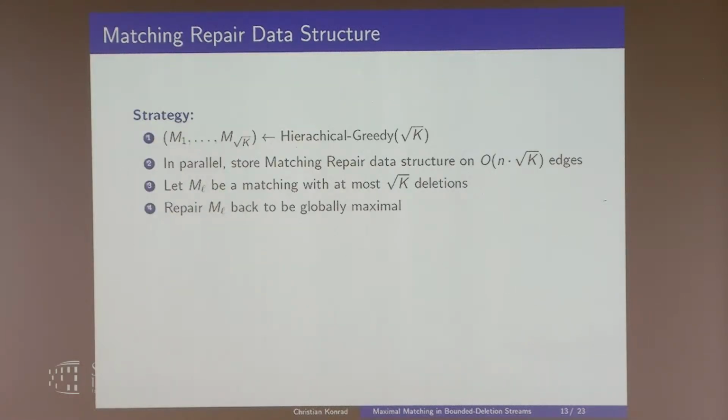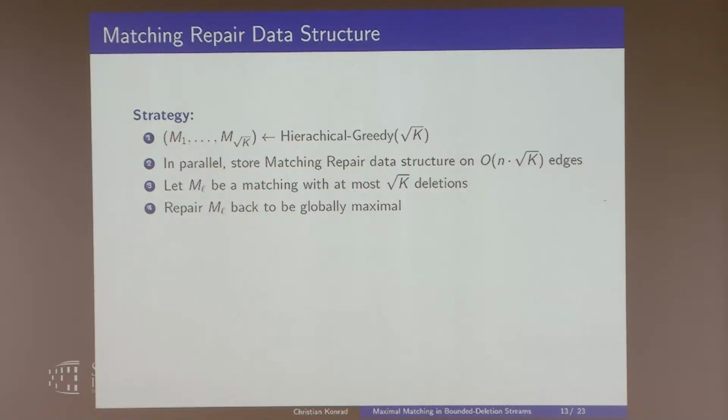Okay, so we also use a matching repair data structure, and the intuitive meaning of that is exactly what it sounds like. We delete some edges, and we have to repair the deleted edges back, so that will be the purpose of it. So in the end, what we do is we run the hierarchical greedy matching on root k levels, and we store in parallel, as we process the stream, a matching repair data structure on roughly the same number of edges, so also roughly n root k edges.